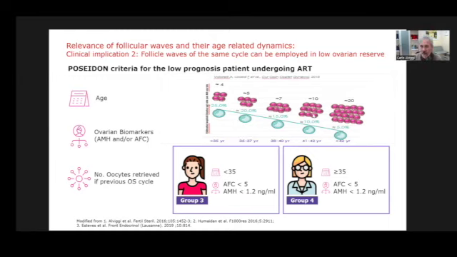So you need more oocytes, but the ovarian reserve is lower. You cannot retrieve the number of oocytes you desire because the ovarian reserve is very low.